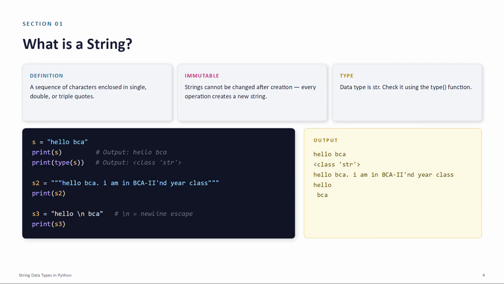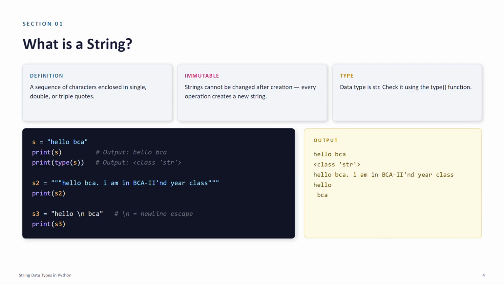Print s opens the box and shows the words hello BCA. Now print type of s tells us what kind of data it is. The output is class str. Whenever you see class str, Python is treating your data as text.